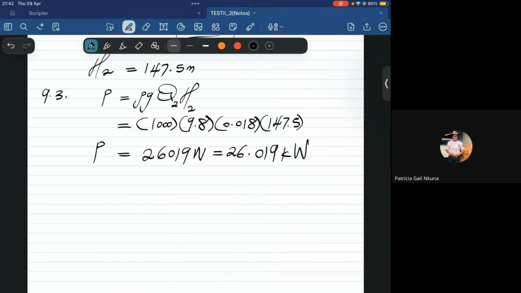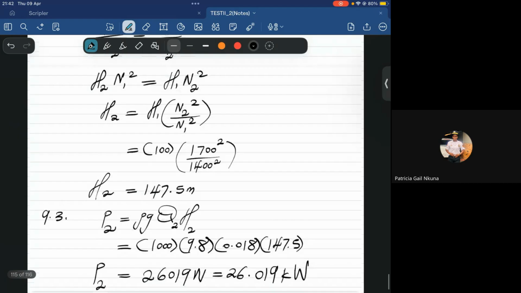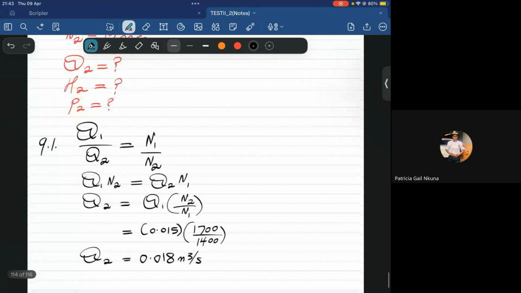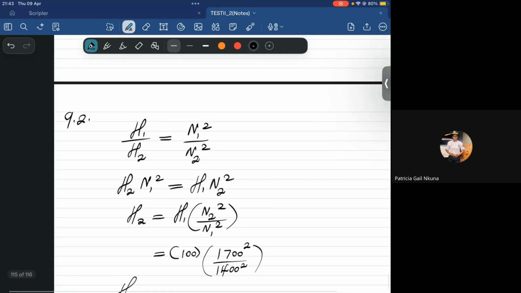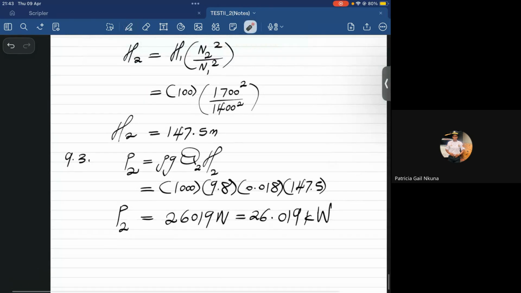So, okay, this is power 2 since the impeller speed was increased. If we want to calculate the power required by pump 1, you're going to use this formula since the efficiency remains constant. And when coming to capacity or the volumetric flow rate, you'll use the magnitude of Q1, and the head you'll use the magnitude of H1, sorry.